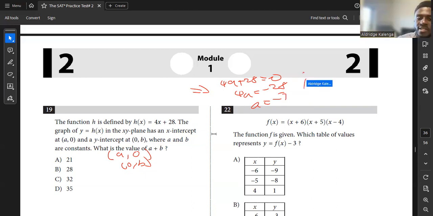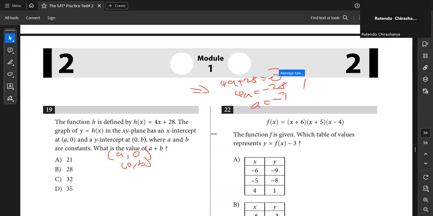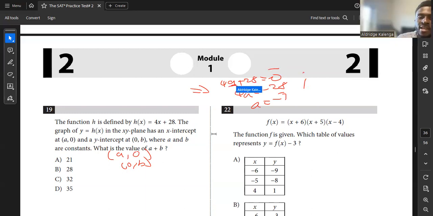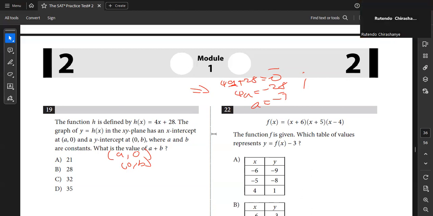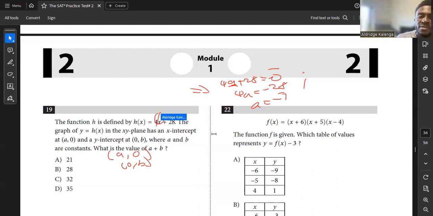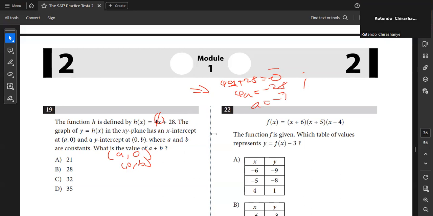Okay, yeah, so that's exactly what he said, right? You substitute a comma 0, so your y is 0, your x is a. You solve, you have negative 7. You do the same thing for the other one. Your x is 0, so this whole part is cancelled. So your y-intercept at 0, b, means your y is b, so your b is 28.